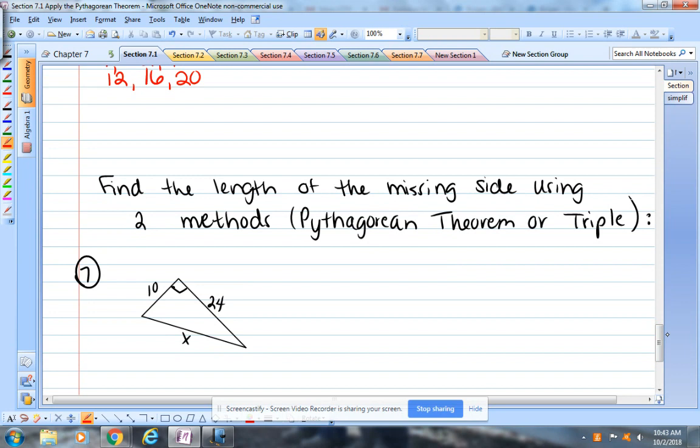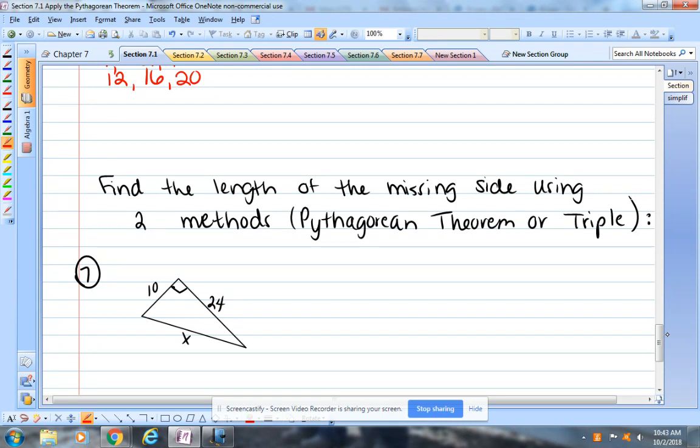So, for instance, this one: find the length of the missing side using two methods, the Pythagorean theorem or the triple. I'm just going to look at the triples. If you look on page 435, you're looking for two legs that are 10 and 24. If you divide them both by 2, you get a 5 and 12.